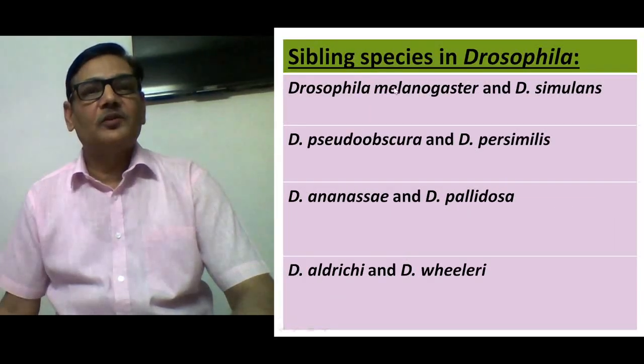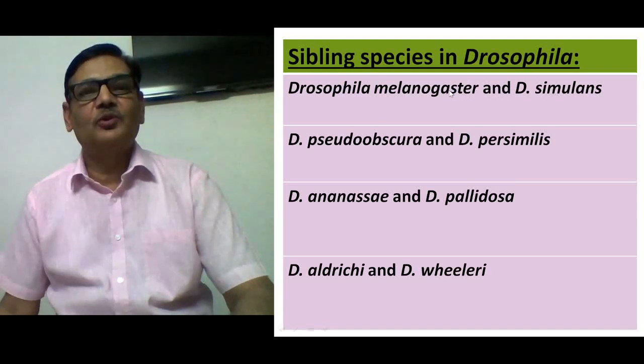Now, Drosophila has been studied to a very great extent, and it was Drosophila melanogaster on which much research was done, and even it is being used as a model organism. And it was found that quite similar to this melanogaster, there is another species, Drosophila simulans, which shows resemblance with melanogaster. But these two are reproductively isolated.